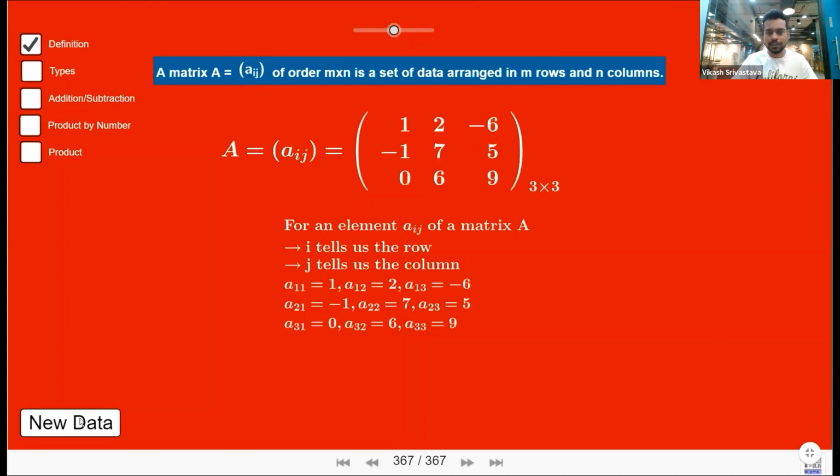If I have new data, this particular element 9 is A33, and -6 will be A13 because it is in the first row and the third column. This is how we construct a matrix and refer to its elements. So let's move ahead.